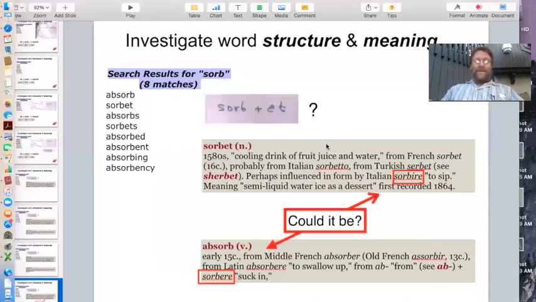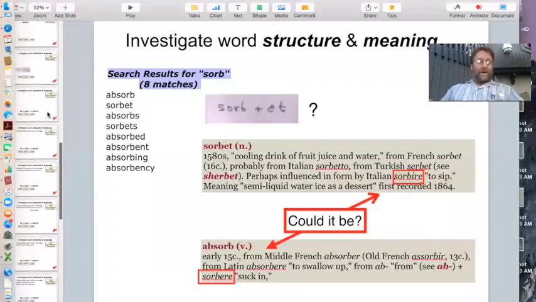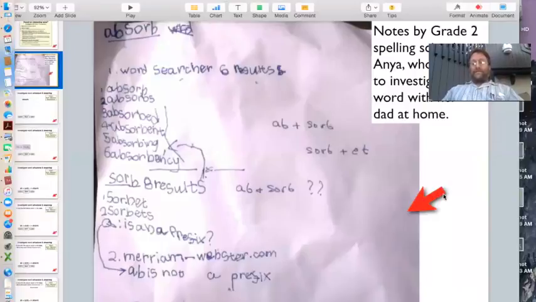But the main story here is what a great combination of things. This one grade 2 student using this word absorb so confidently and then diving in, and he describes it well, but we find this suck in, and this other student, Anya, independently going home, not because it was assigned, not because anybody asked her to do anything, and doing this just marvelous investigation, recording her results, using the Word Searcher, noting questions, using Etym Online.